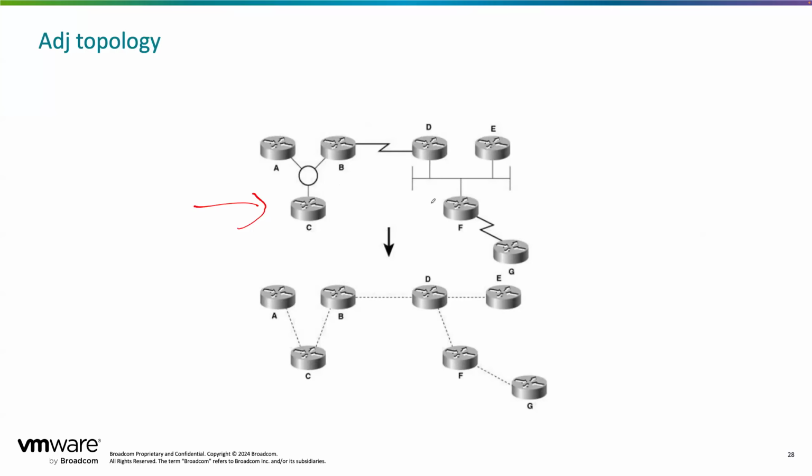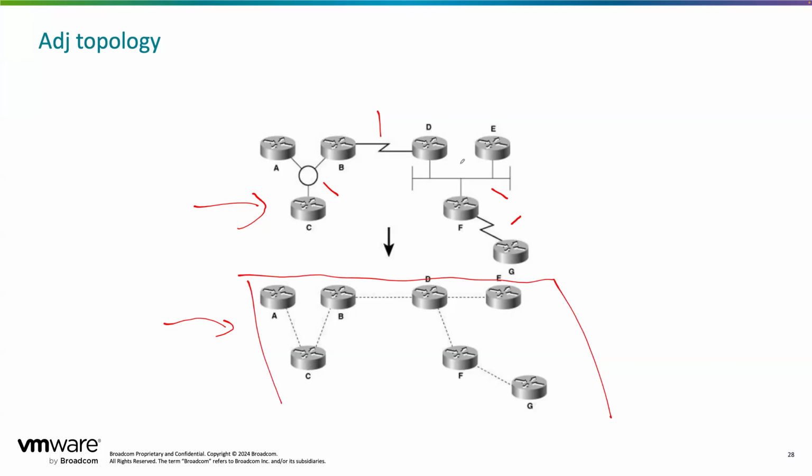Here is a physical topology. We have 3 data links, 1 data link, 2 data links, the third one, the fourth one. But by using the DR on our multi-access network, multi-access data link, we simplify this topology to this topology.